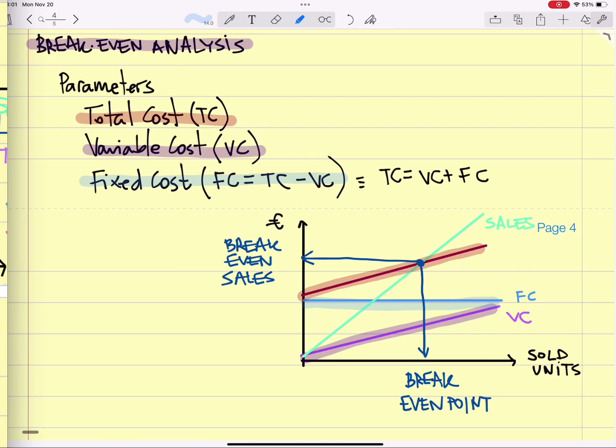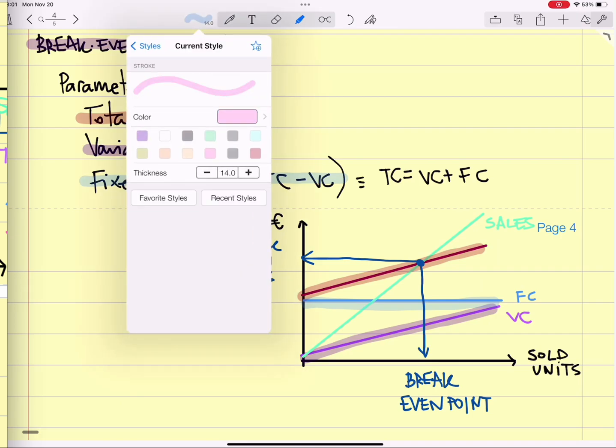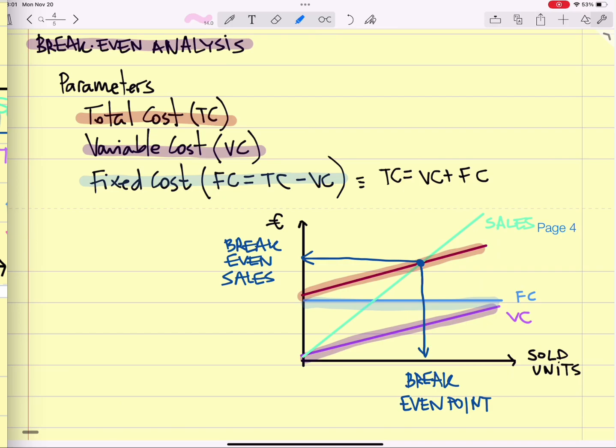And this area here, what is this area here? The difference between your total cost before the break-even point and your sales. What is this?